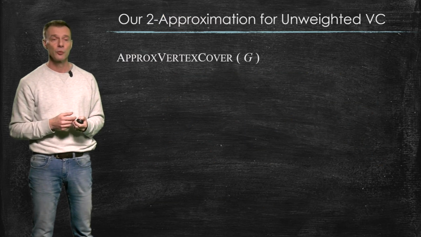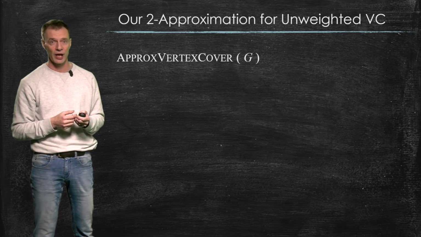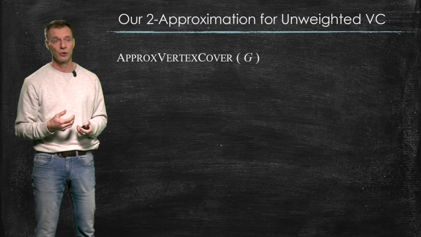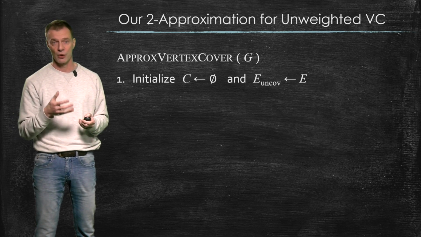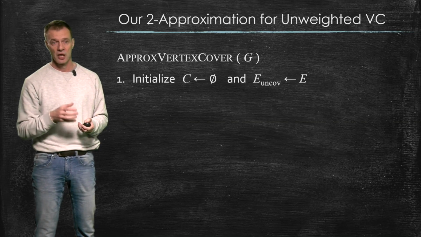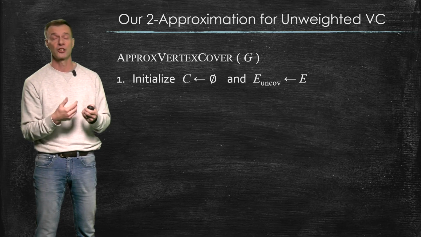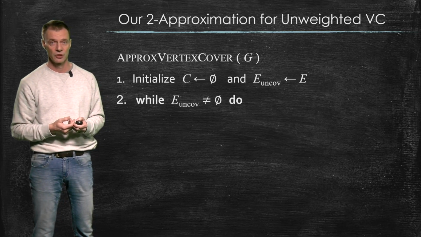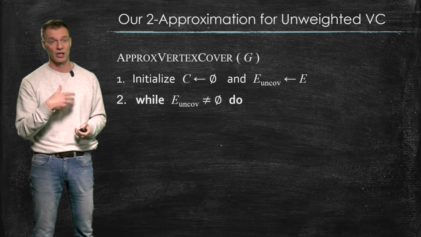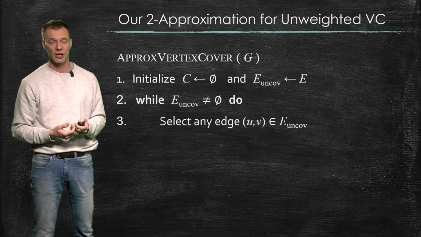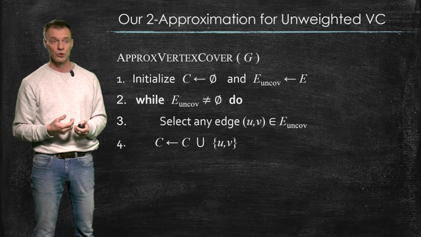So let's look back at the previous algorithm that we had for the unweighted version. How did it work? Well, it was quite simple. We first initialized our cover to the empty set, and initially all the edges were uncovered. Then, as long as there are edges that are not yet covered, take an uncovered edge and put both vertices into the cover.